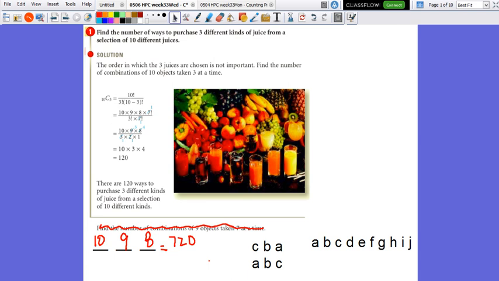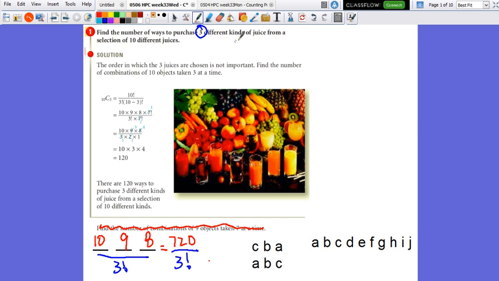And how much less? How do we know how much less? Well, you're going to divide it by 3 factorial. If this said 4 different kinds of juice, then you would divide by 4 factorial.